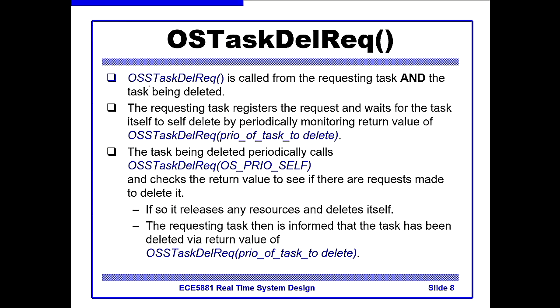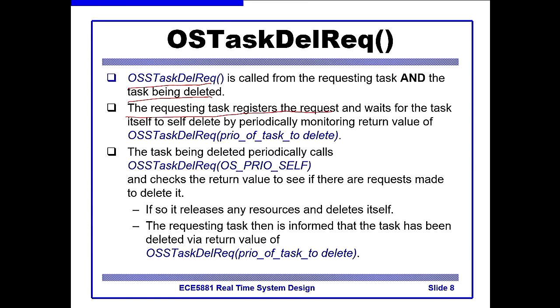So we call OS task delete request first from some requesting task. Could be a different task. And you also call it from the task being deleted. So there's a two-pronged attack here. The requesting task, the guy that's asked for the task to be deleted, has to wait.